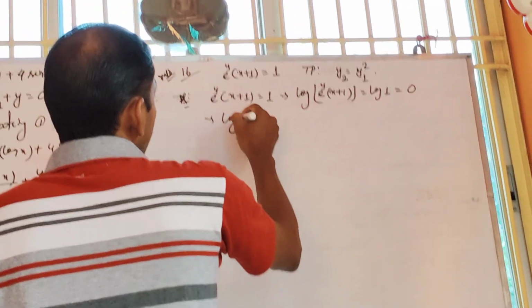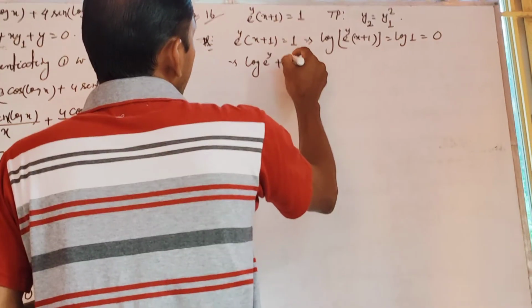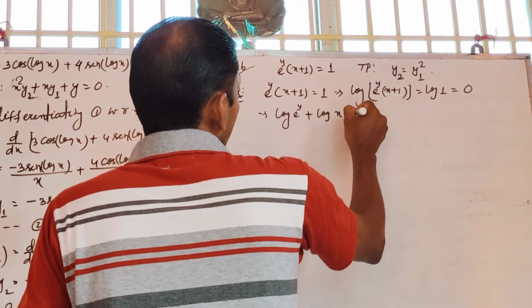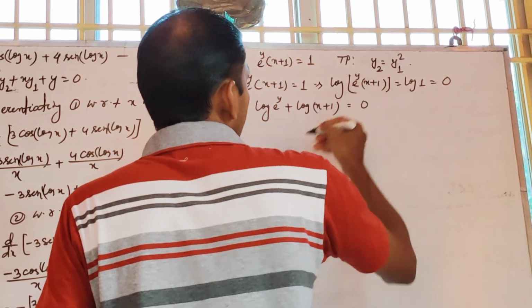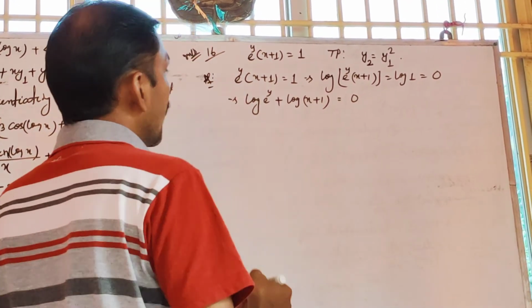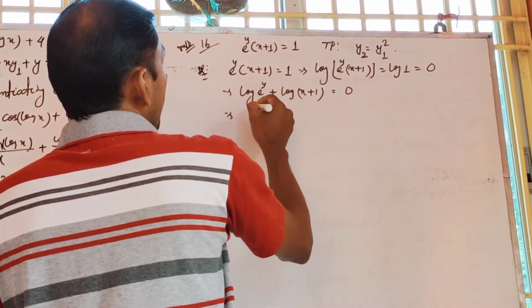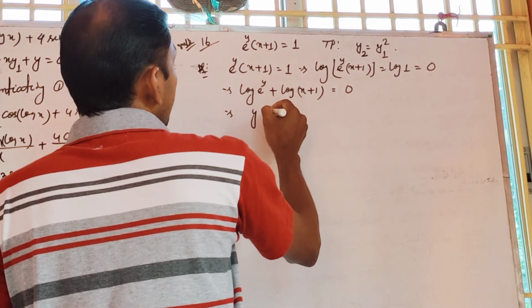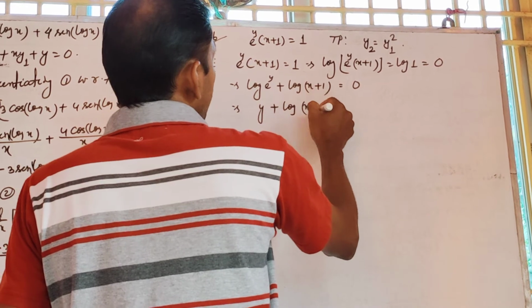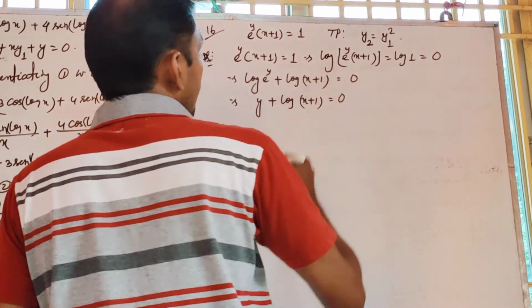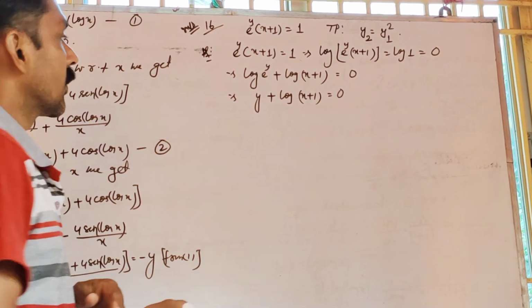This implies log e to the power y plus log x plus 1, log m plus log n. Now log e to the power y is only y, plus log x plus 1 equal to 0.